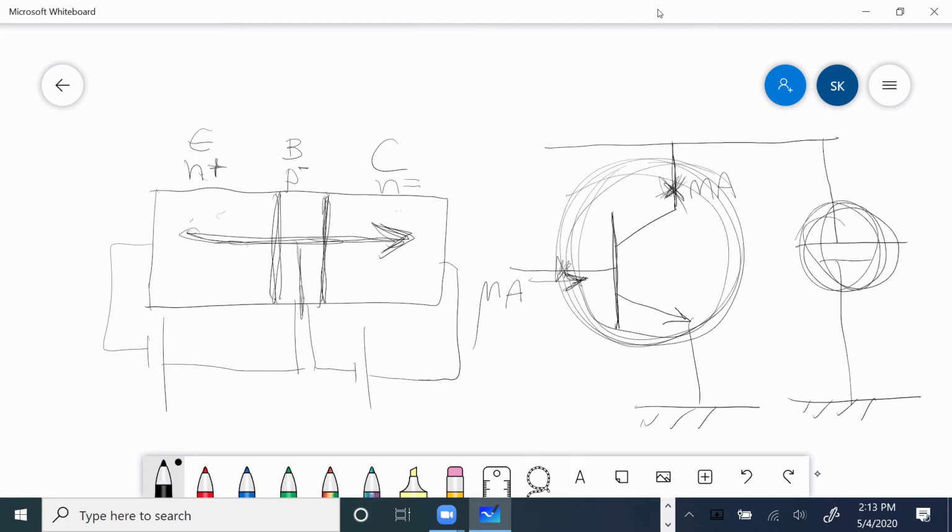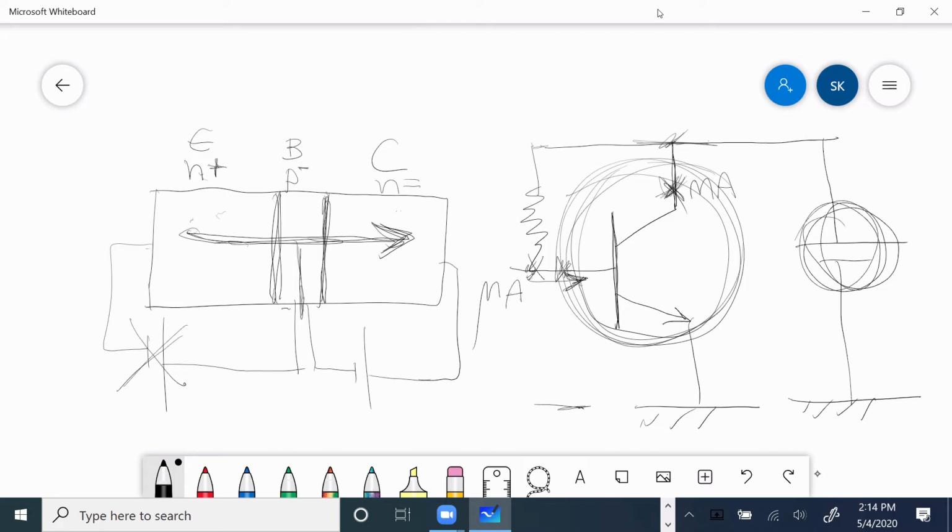And if we connect a battery there, this battery needs to supply a voltage to the collector and also supply a smaller voltage to the base. See, we need two batteries. We need one battery between emitter and base, which is going to be this way, between this base with respect to emitter.